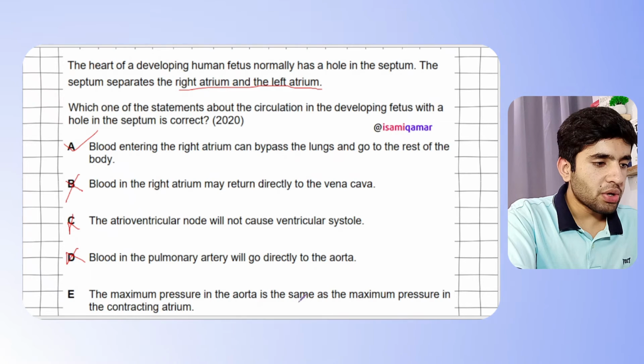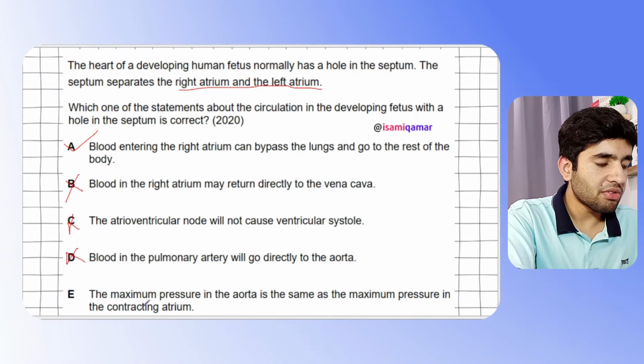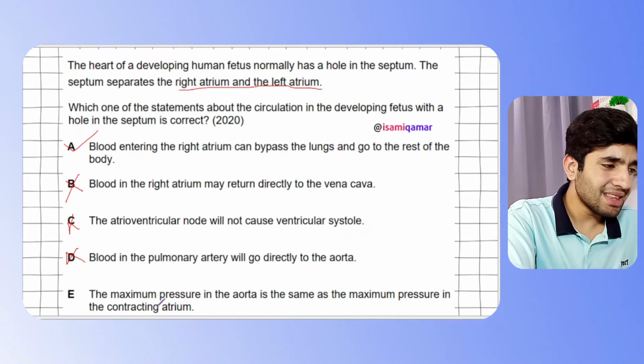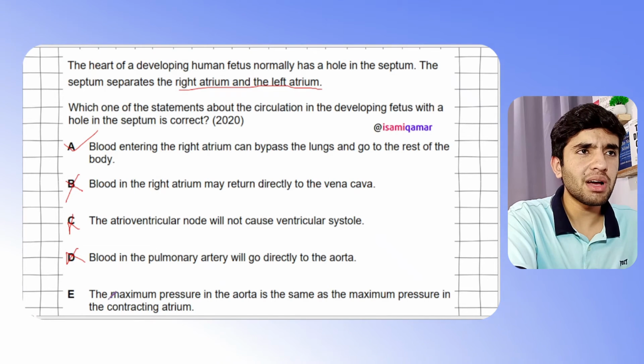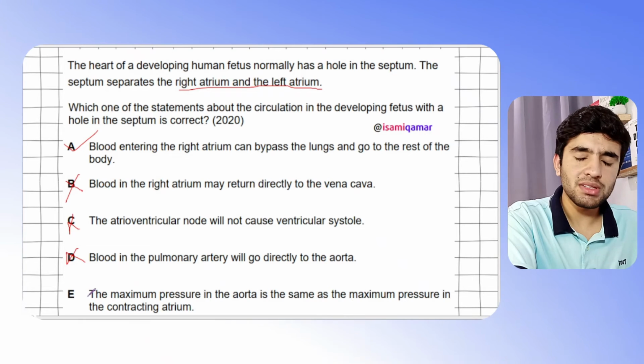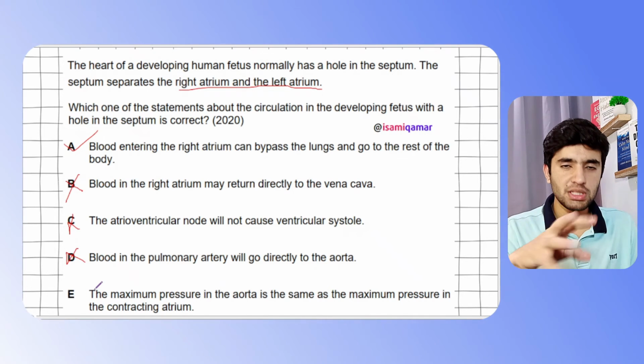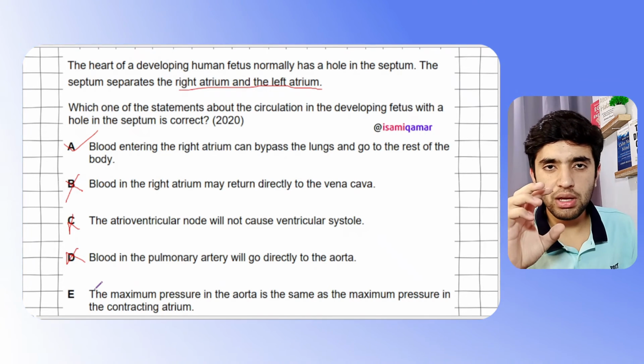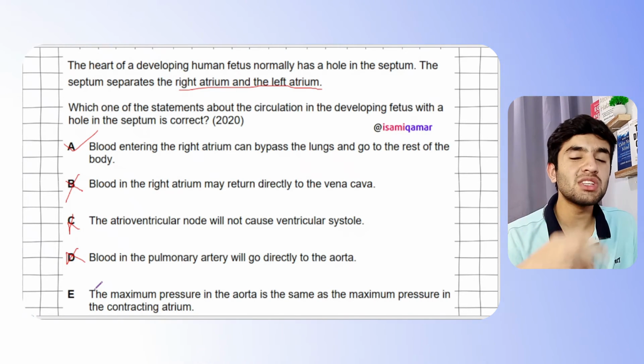The maximum pressure in the aorta is the same as the maximum pressure in the contracting atrium. It's not true actually. I don't want to go into a debate about pressure, because that will confuse you. Just to give you an idea, the valves open due to pressure changes.